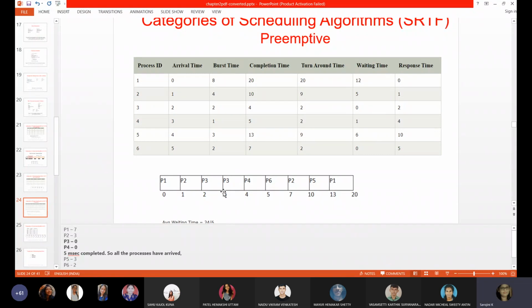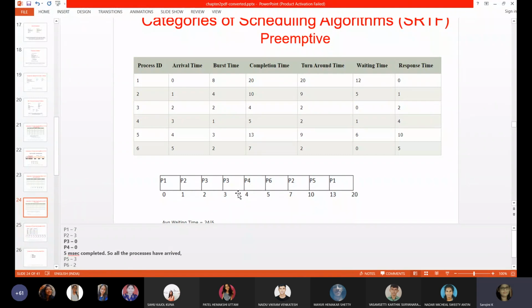Listen. Okay. So from 2 milliseconds to 4 milliseconds, who will be executed inside the CPU? Process P3. Process P3's CPU burst time is 2 in total. Look here, 2 to 4, 2 milliseconds got completed. So process P3 is the first to complete its execution in this multiprocessing system.